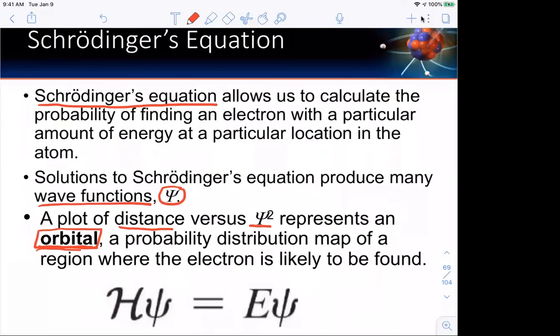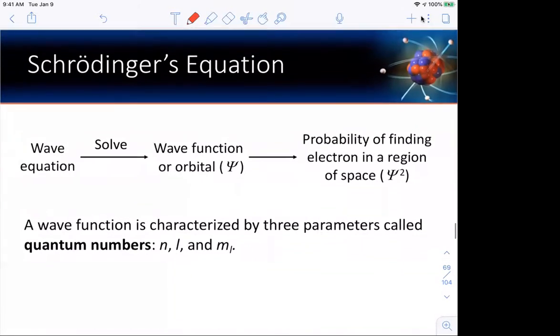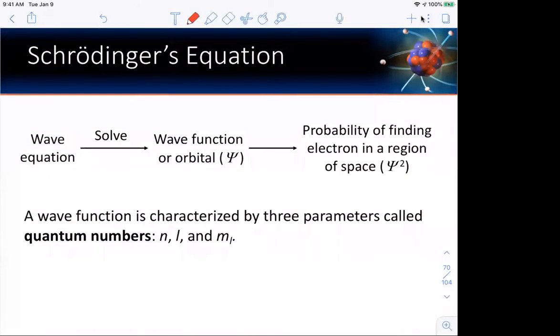This orbital is actually a probability distribution map, and it defines a region where the electron is likely to be found. So this is the pathway: I have a wave equation, I solve it, I have a wave function, and then I can calculate the probability of finding that electron in a region of space, which is going to be my orbital.